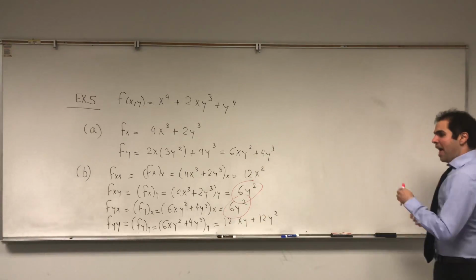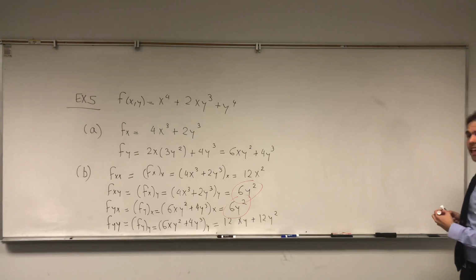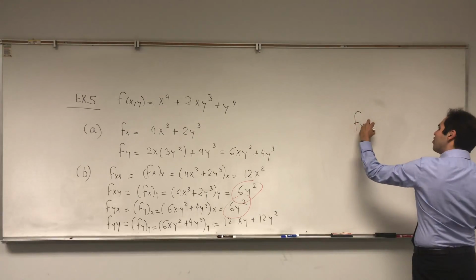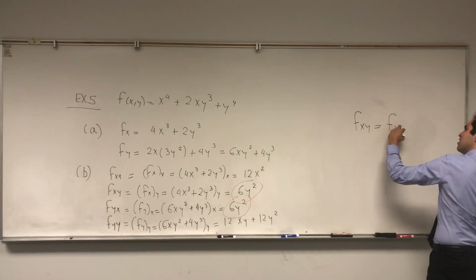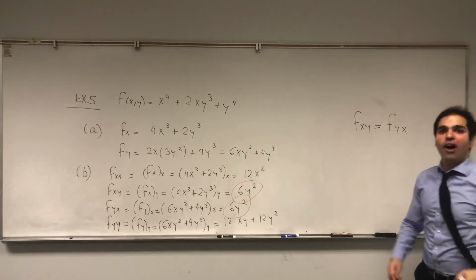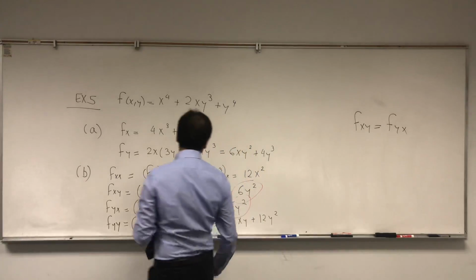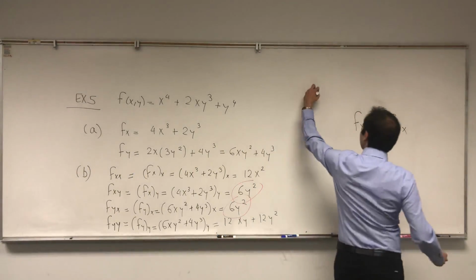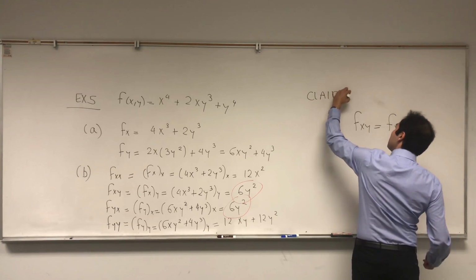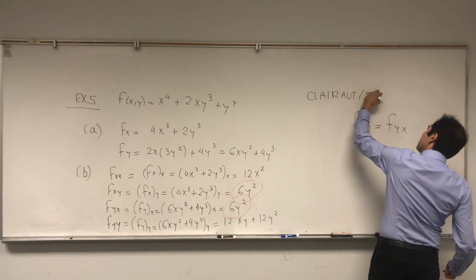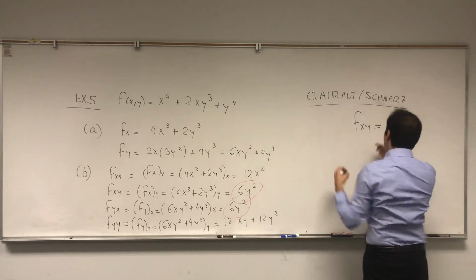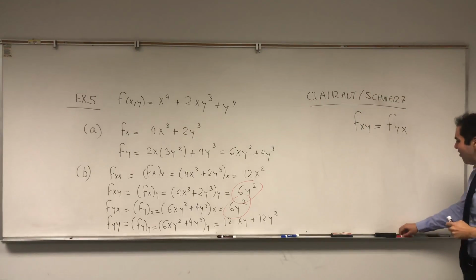In other words, f_xy is f_yx. And in fact, the cool thing is, this is always true, and it's what's called Clairaut's theorem. So, Clairaut's theorem or Schwarz's theorem says f_xy equals f_yx.